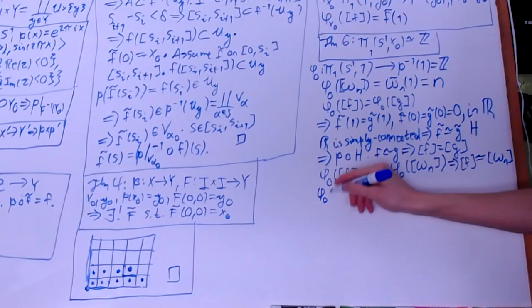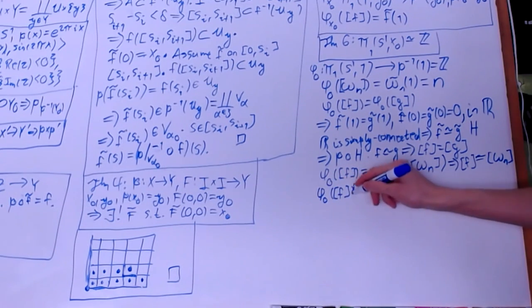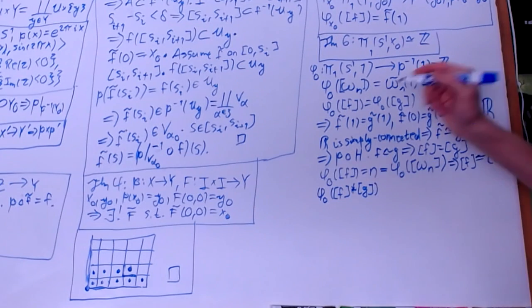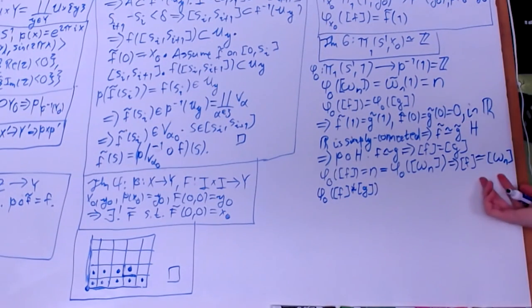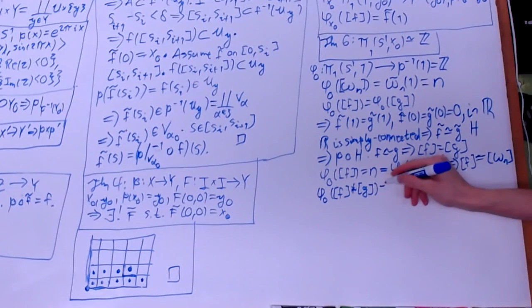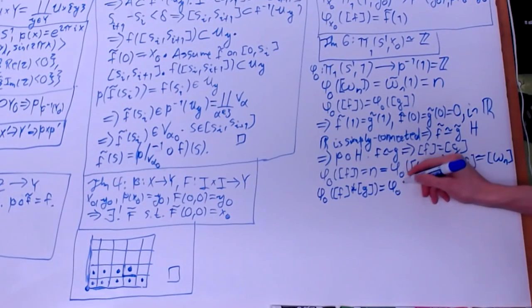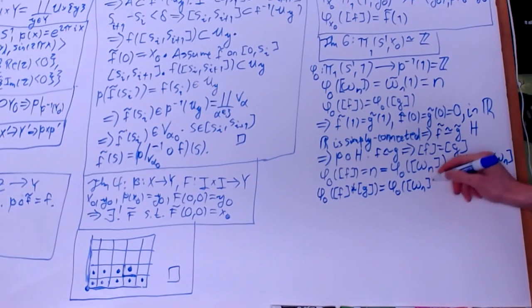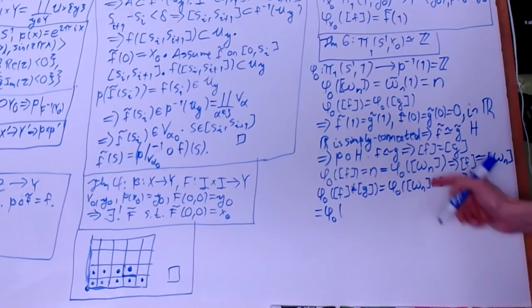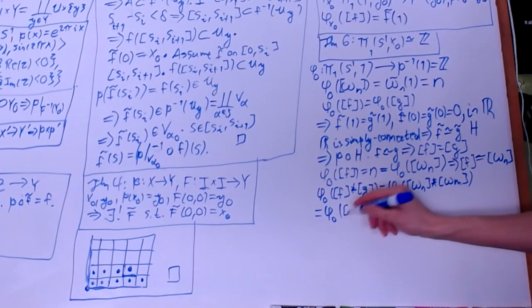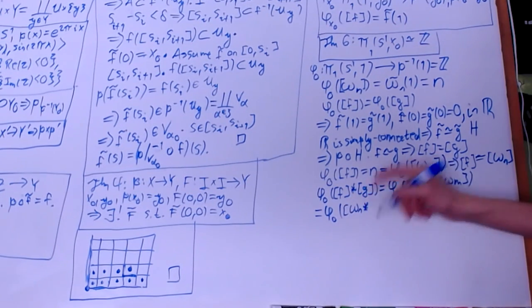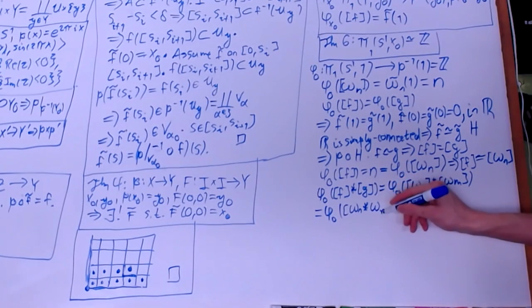So let's go ahead and do phi 0 of F star G, right? Now, by this previous fact, that any loop around the circle is just one of these loops that goes around it n times, we know that phi 0 of one of these is just going to be phi 0 of omega n star omega m, just for some n and m. Now this is equal to, by the properties of that star operator, omega n, the equivalence class on omega n star omega m.